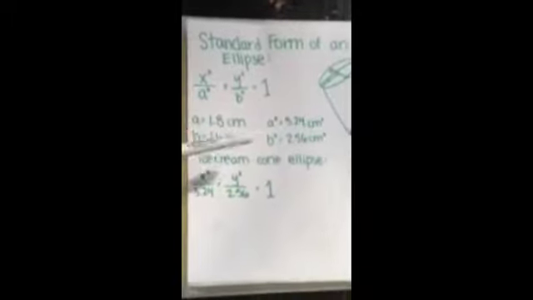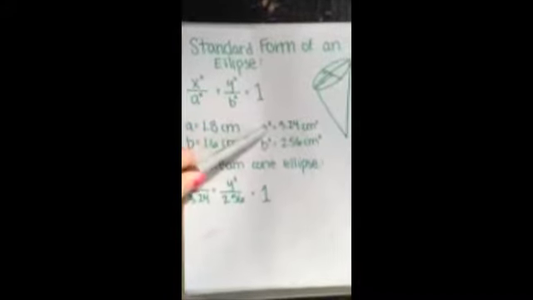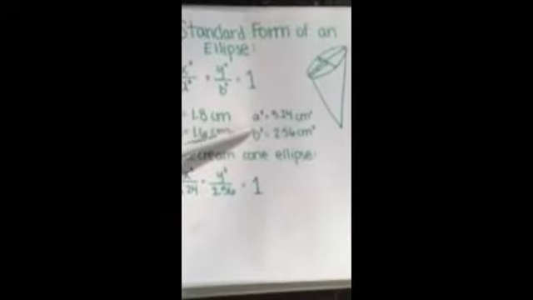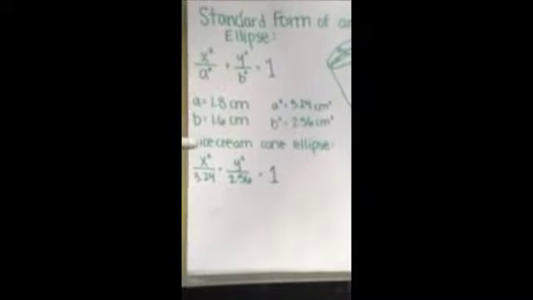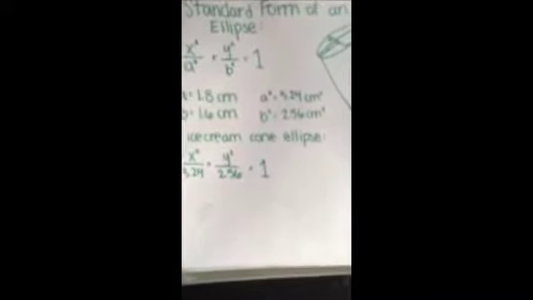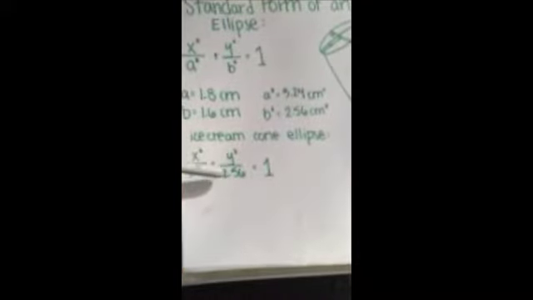So in the equation, a squared is 3.24 centimeters squared and b squared is 2.56 centimeters squared, making the equation for the elliptical ice cream cone x squared over 3.24 plus y squared over 2.56 equals 1.